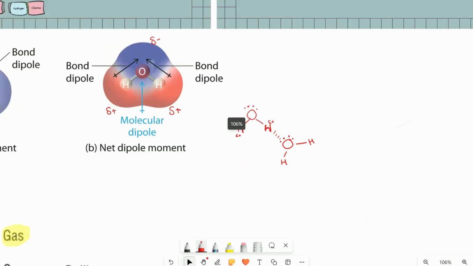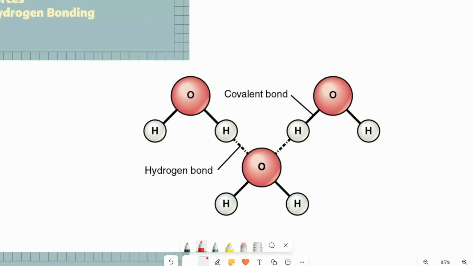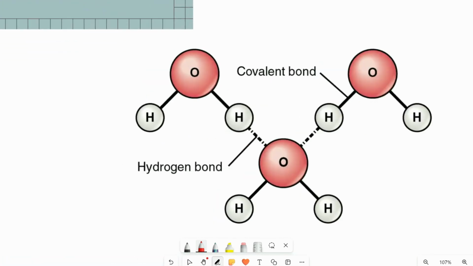So here's a better picture. Water tends to be bonded in this manner. And if you've ever played with water, you'll notice that if you put droplets together, they tend to just combine. That's because the hydrogen bond is quite sticky. So water does tend to stick together.